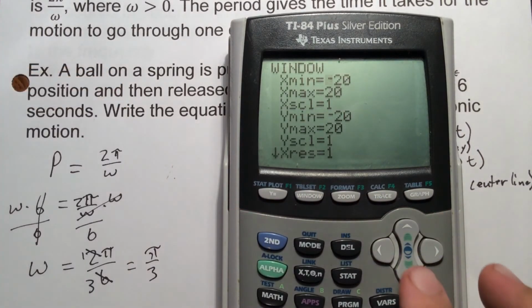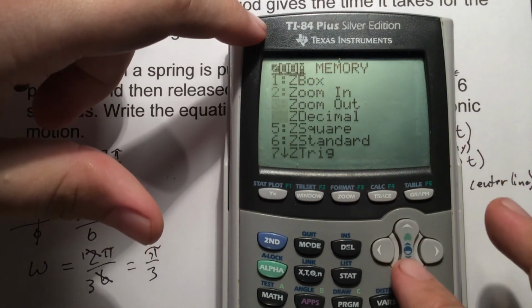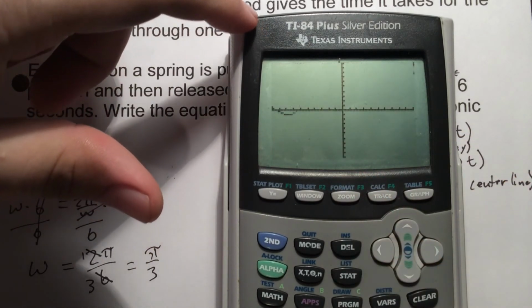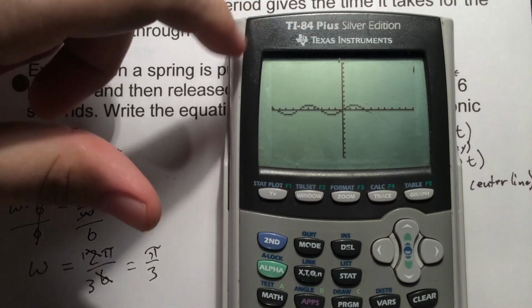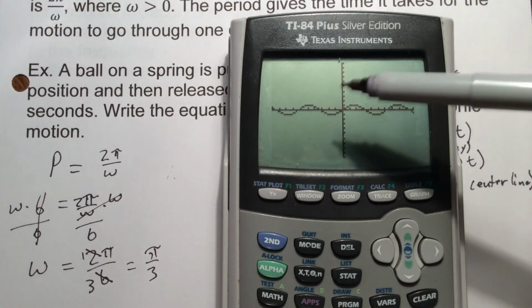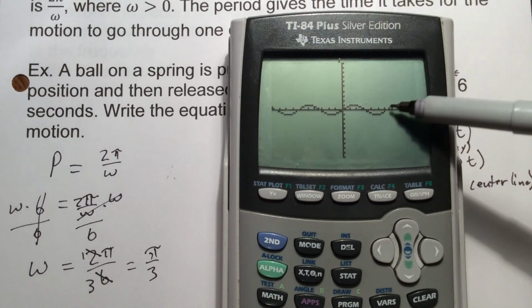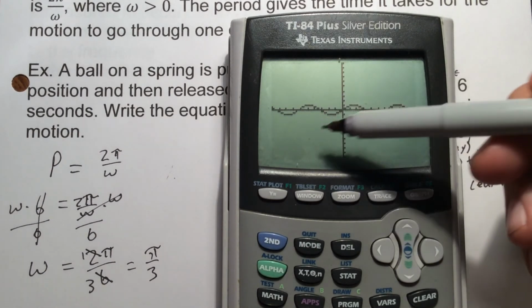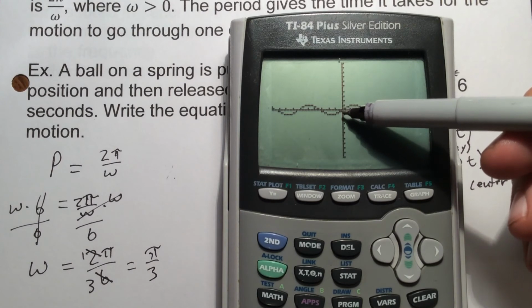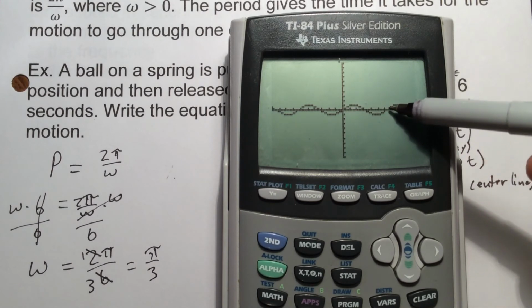Let's do zoom standard. There you go. So this is kind of what harmonic motion is going to look like. It's going to go up, go down, and just keep repeating that. So sine starts on the x-axis. It would go up, come down, come back up.